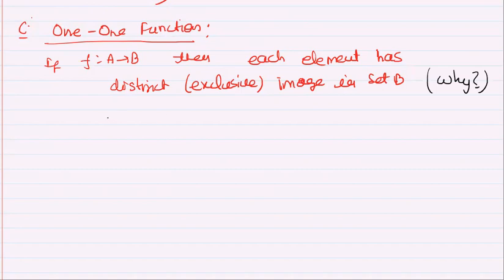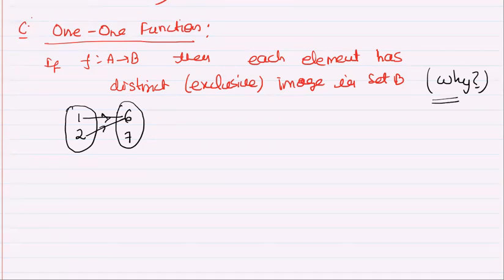So first of all, what is a one-one function? If I show you this 1, 2 and 6, 7, so if I show like this, why we'll discuss later. First of all, we should know the definition of one-one function. So this is not one-one. This is a many-one function.